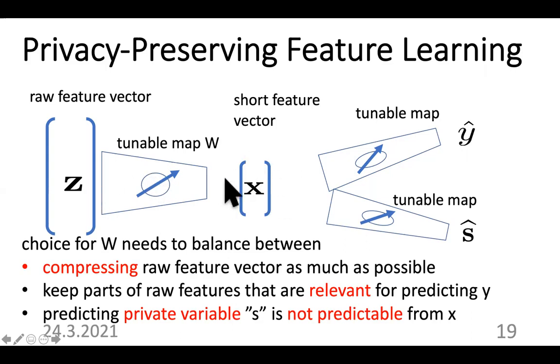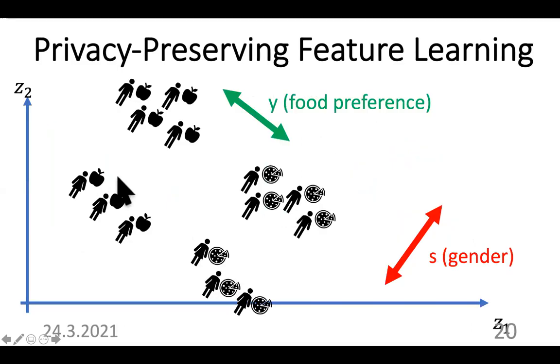And we can learn such privacy preserving features by requiring the short feature vector to not allow, by any method, to predict some private information. So let's say we want to know the food preference of a person. So the label, the quantity of interest of a data point, is the food preference.